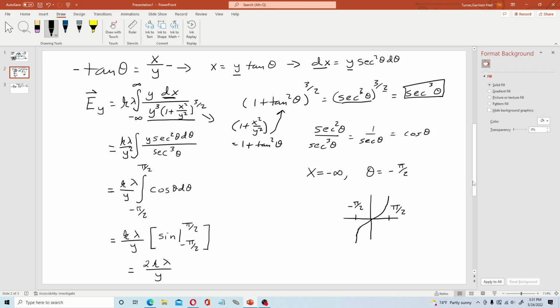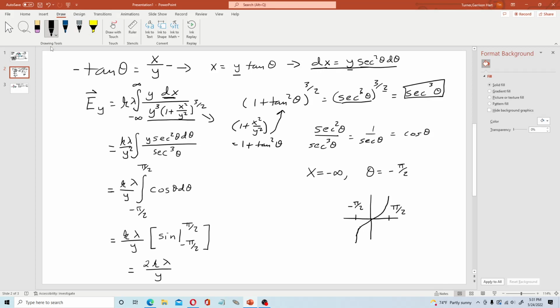And the derivative of tan theta is secant squared d theta. So d tan theta is equal to secant squared theta d theta, technically. So my dx turns into y times secant squared theta d theta. Okay. So that gets substituted into my expression.